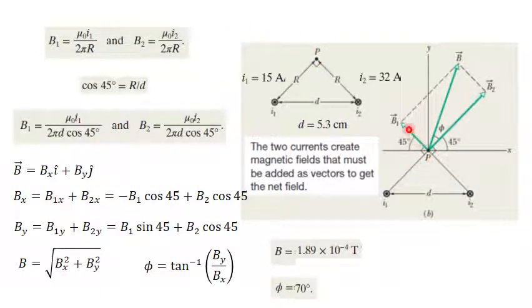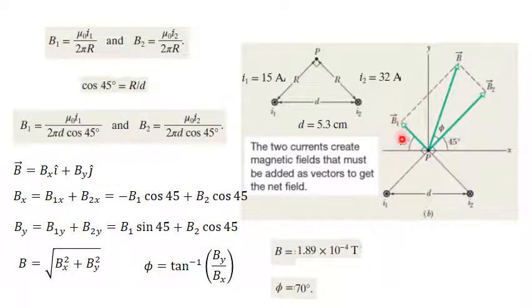So the field B1 would be normal to the direction R in the anti-clockwise direction. So B1 would be at 45 degrees opposite to the X direction.